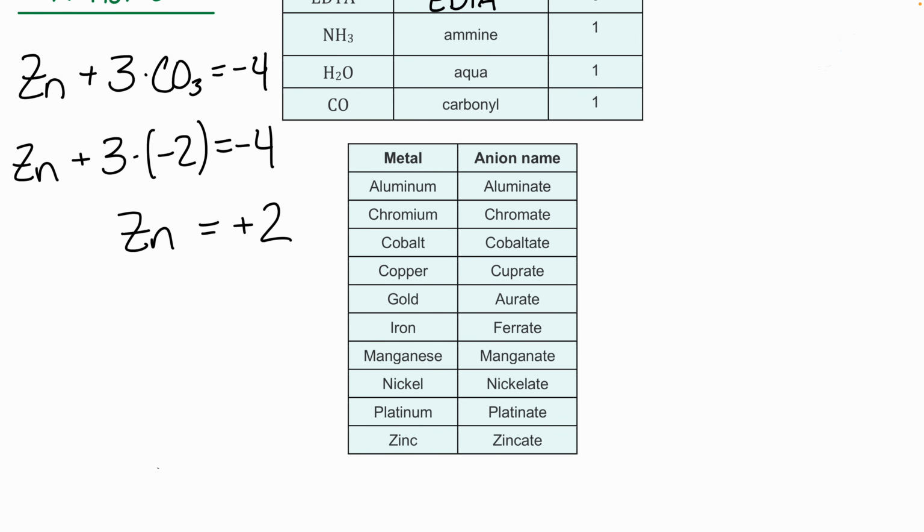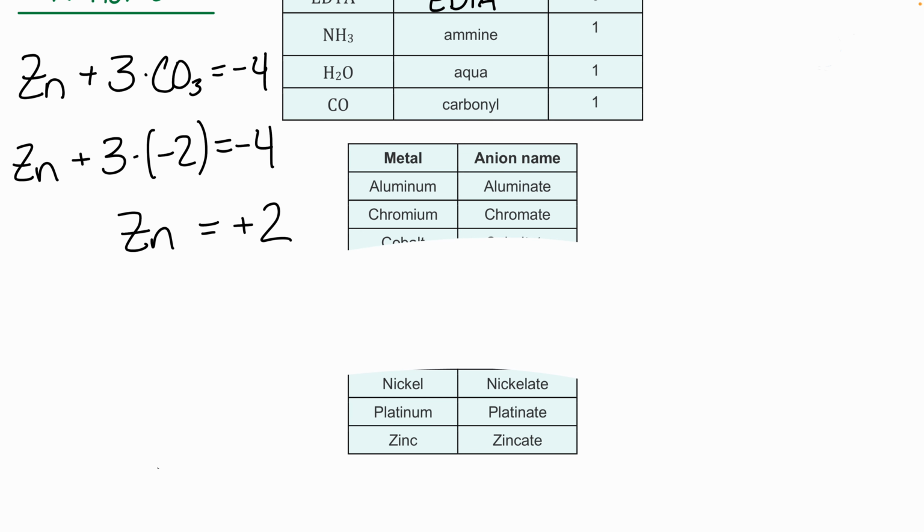All right, so doing my name here, make a little bit more room for myself. All right, tris, carbonato. Am I going to use the metal name or the anion name? Zinc or zincate?